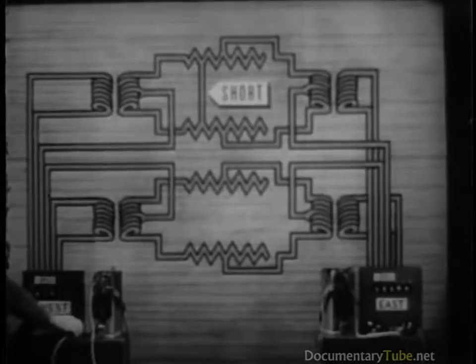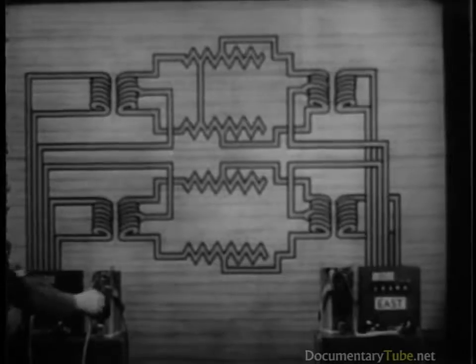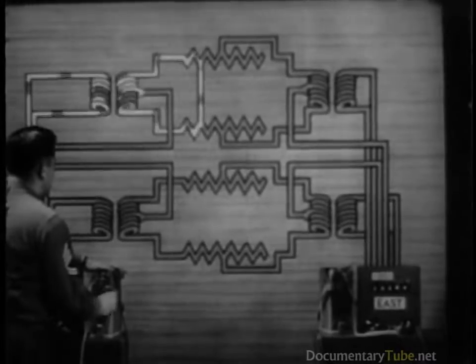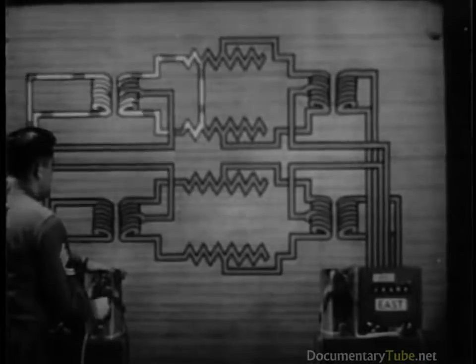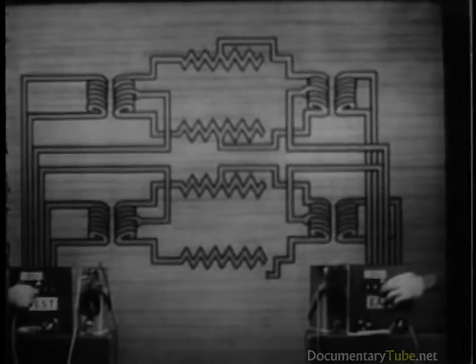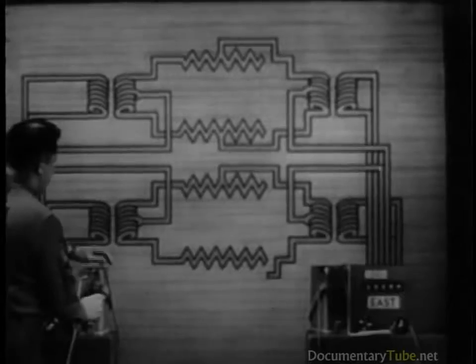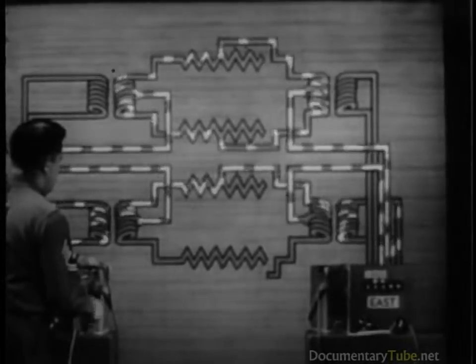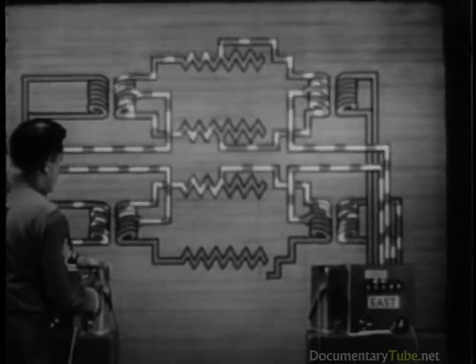A short on a side circuit affects only that circuit. An open in one wire of a side circuit causes mutual interference between the side circuit and the phantom.